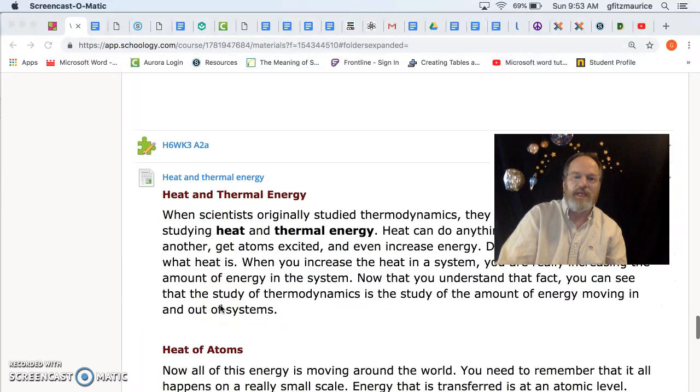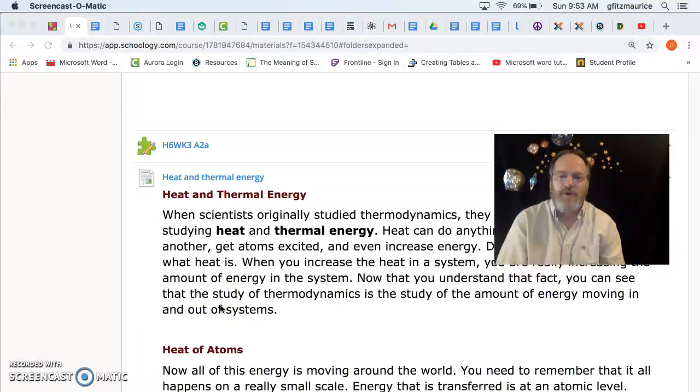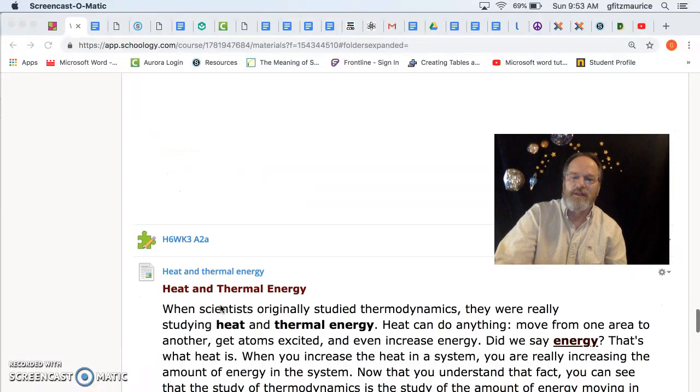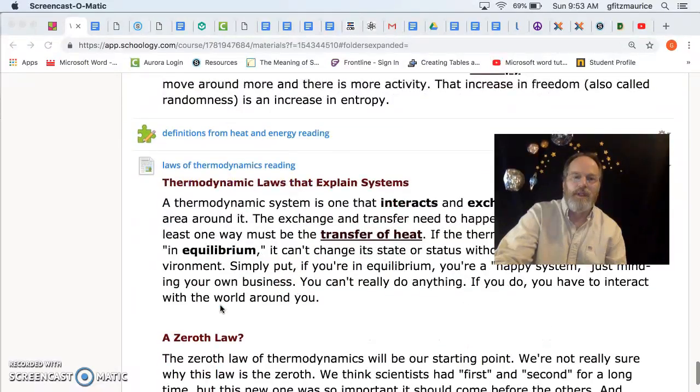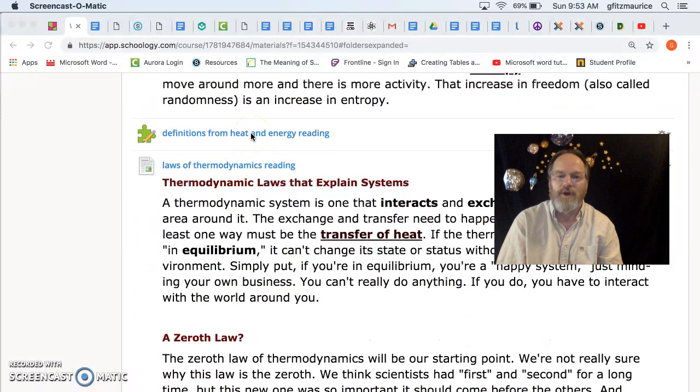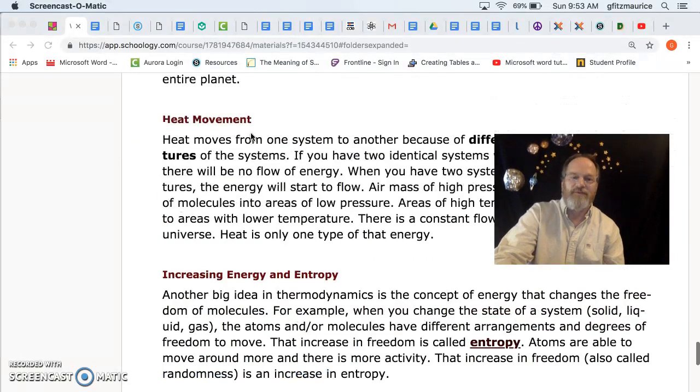We have another reading, heat and thermal energy. This talks about when scientists studied thermodynamics. They were studying heat and thermal energy. After you do that reading, there are some definitions I'm asking for. So not a full quiz, just a few definitions from the reading for you to provide for me.